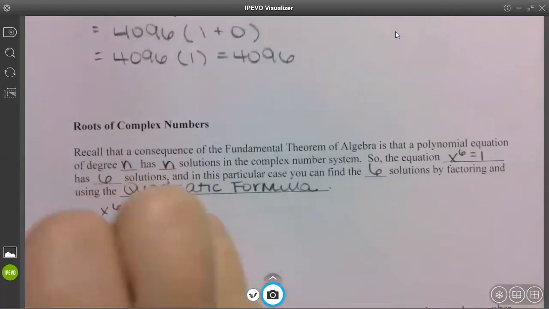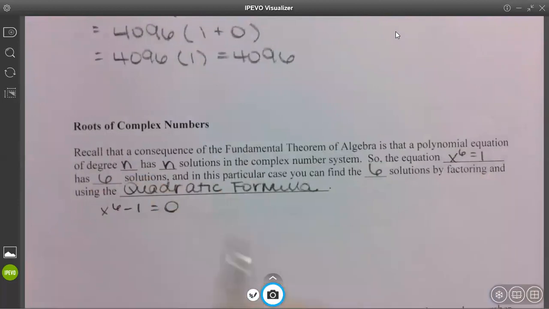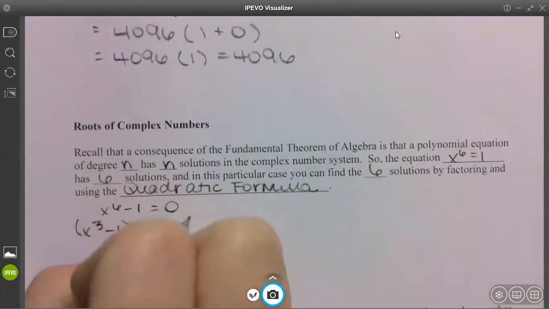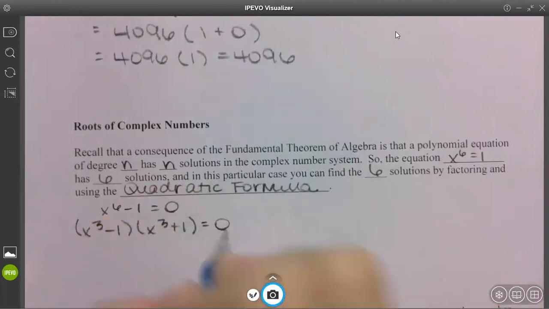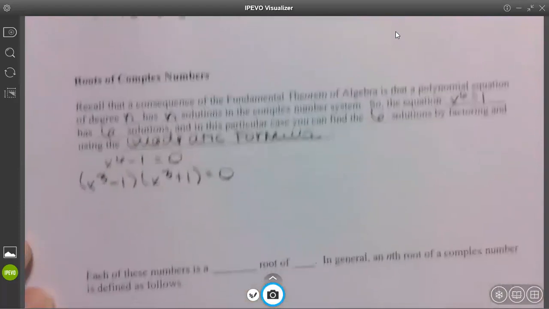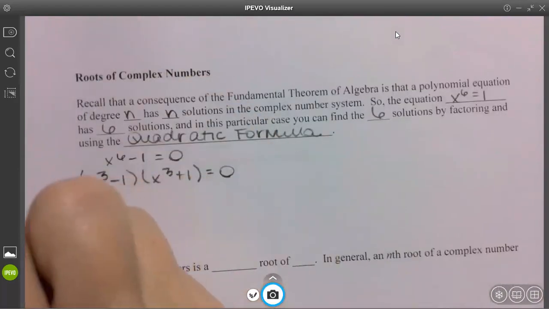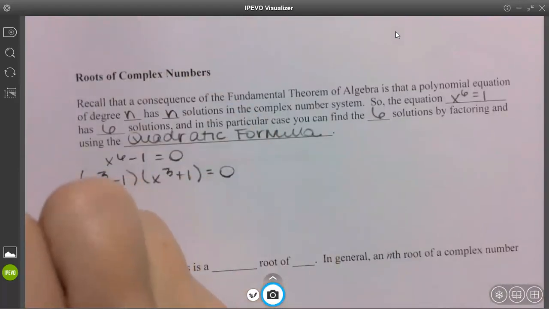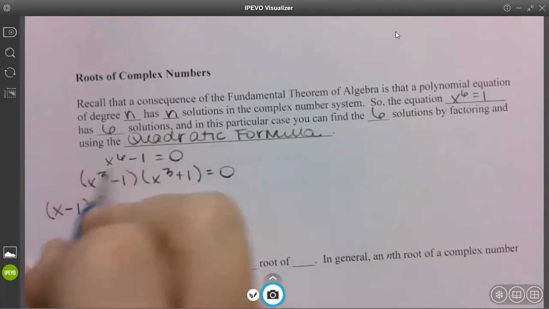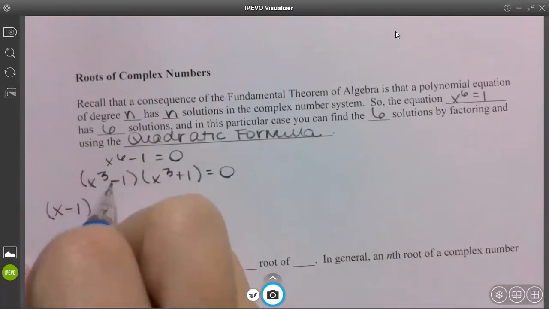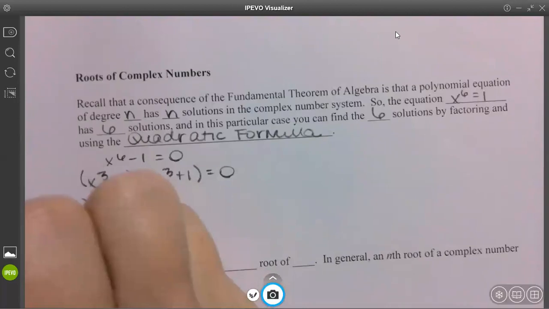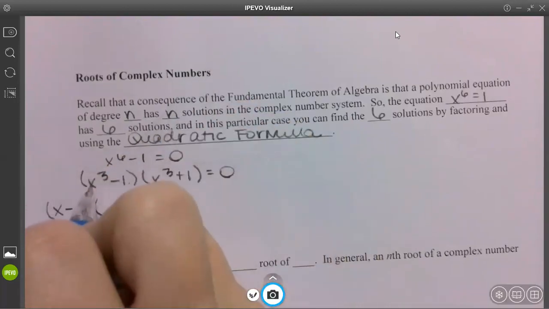So x to the 6th minus 1 equals 0. We can factor into x cubed minus 1 and x cubed plus 1. When we factor perfect cubes, it's the cube root of the first, same sign, cube root of that. Square the first cube root, so square the first one, x squared.